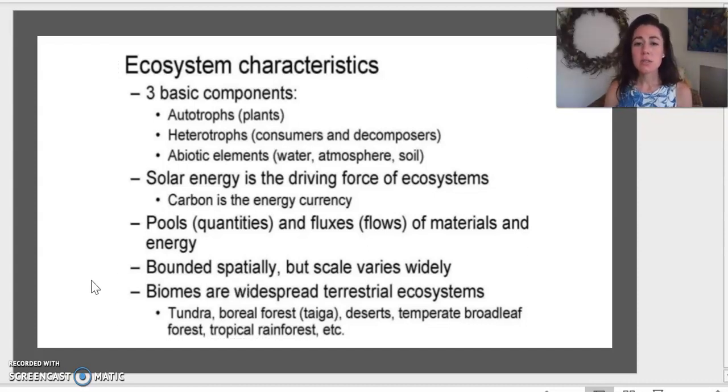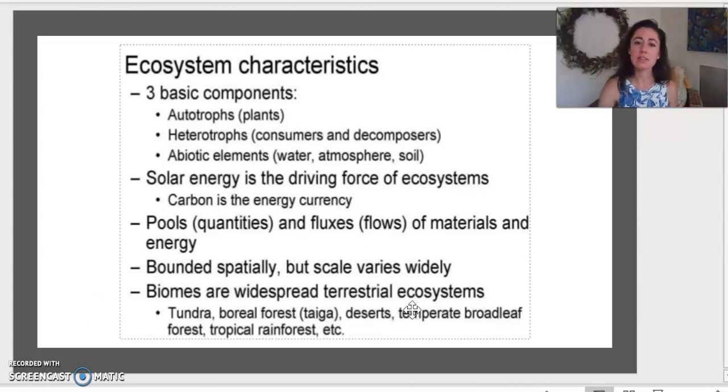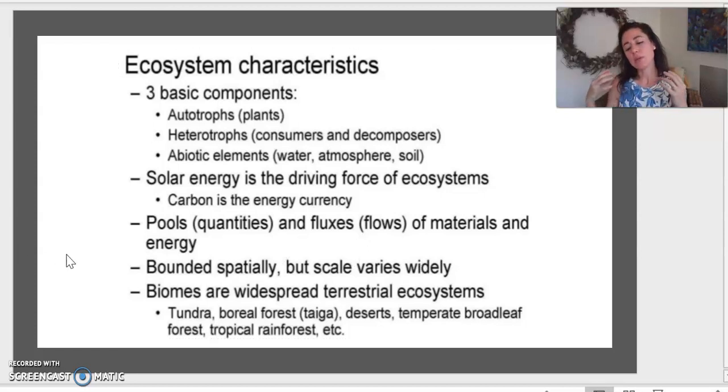Okay, ecosystems are bounded spatially, meaning they have perimeters, they have boundaries, and then it changes to another ecosystem. And the scale varies greatly. So I could be in the Sahara Desert looking at my ecosystem, which is giant, and looking at all the sand and all of my biotic and my abiotic factors, and that's a giant ecosystem.